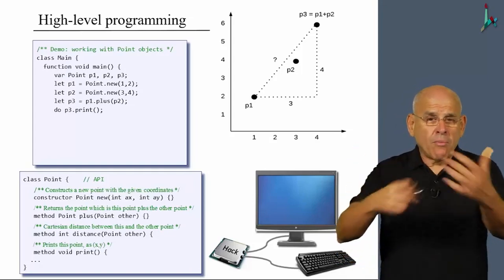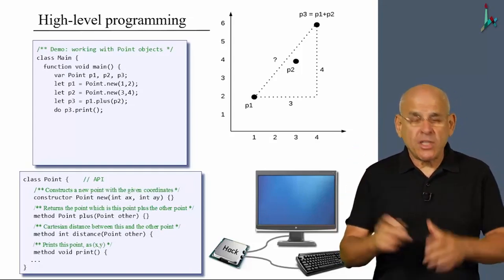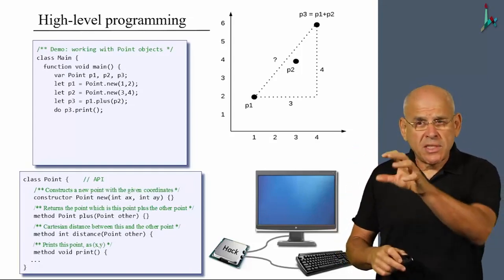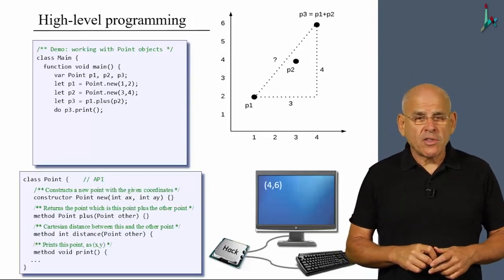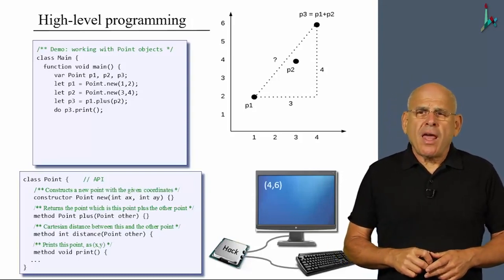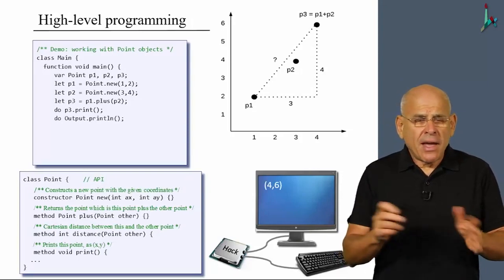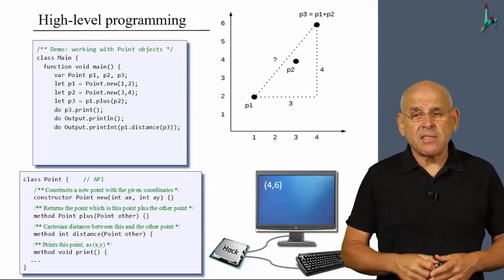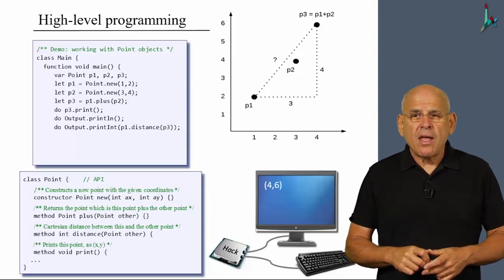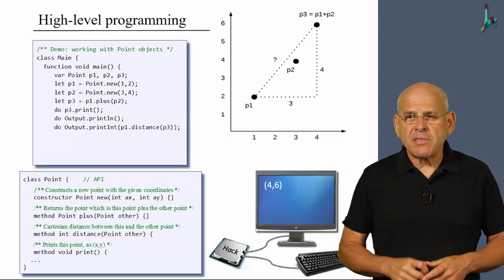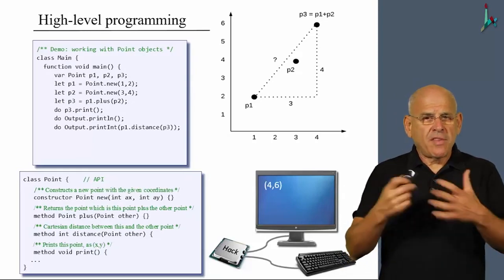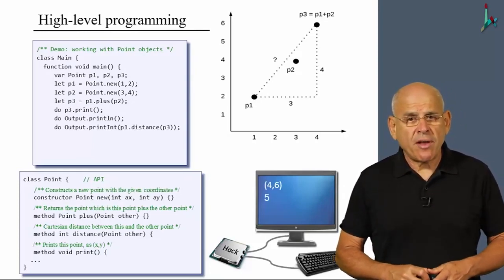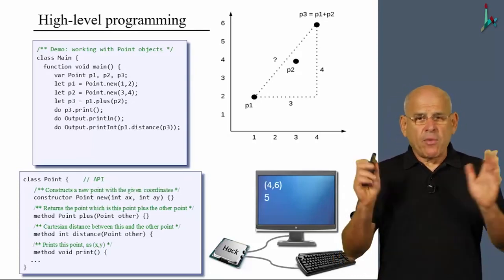If this program were running now, which it doesn't yet, but if it were running, I would see hopefully 4, 6 on the screen. And then I print line and compute the distance, the Cartesian distance between P1 and P3, and I print it. I do it in the same statement. And once again, if this were executed, I would see hopefully the number 5, and then I return.